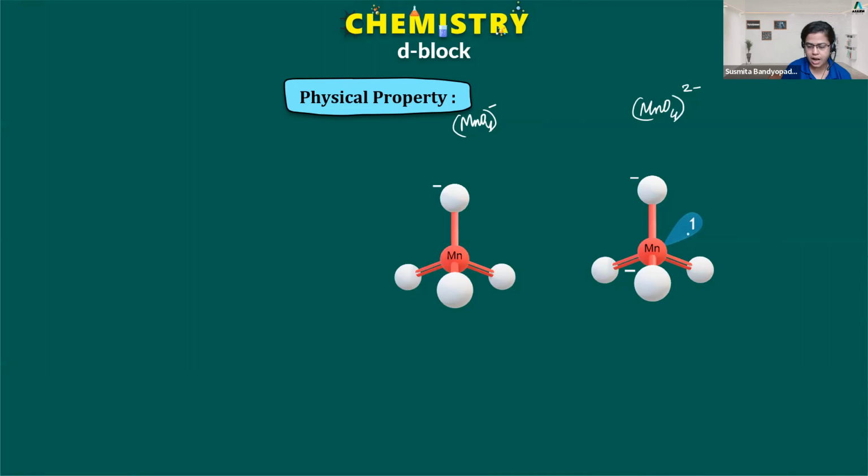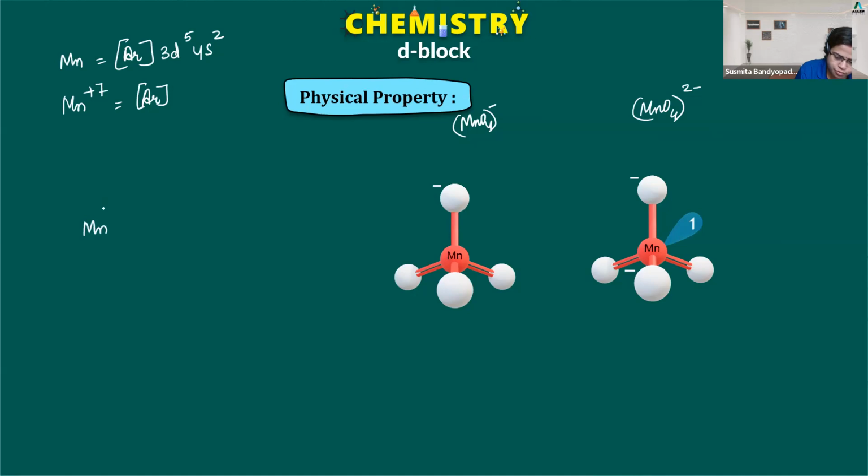And what about this unpaired electron? We have to justify. Let's do it. Mn is argon 3d5 4s2. Mn+7 has no problem, argon configuration. So when it bonds with oxygen, basically MnO4-, Mn with double bonds, double bonds, double bonds. MnO4-.